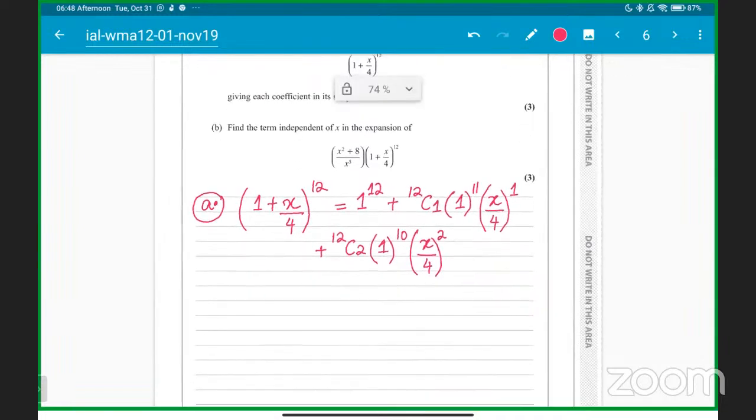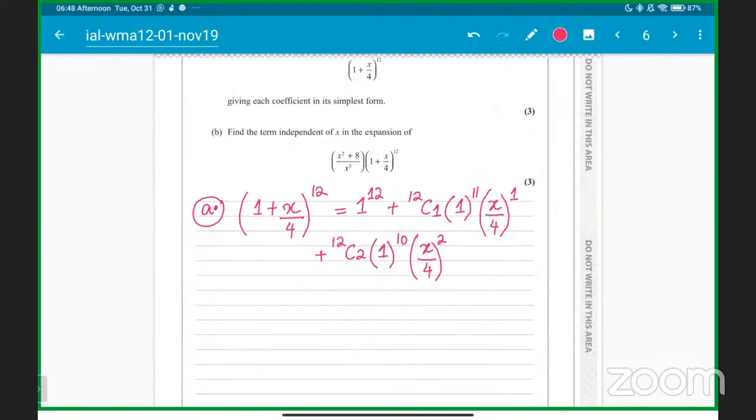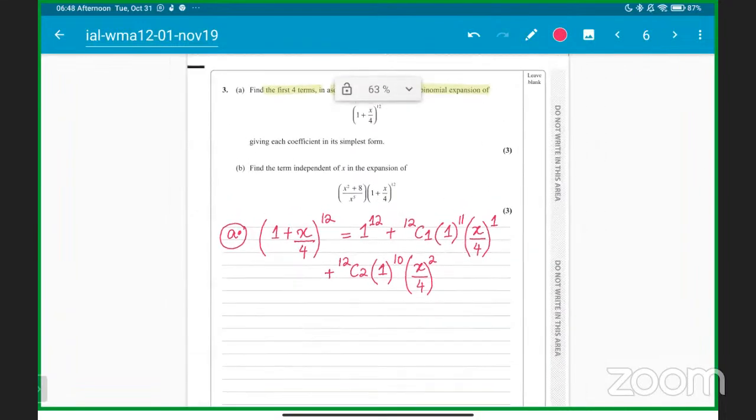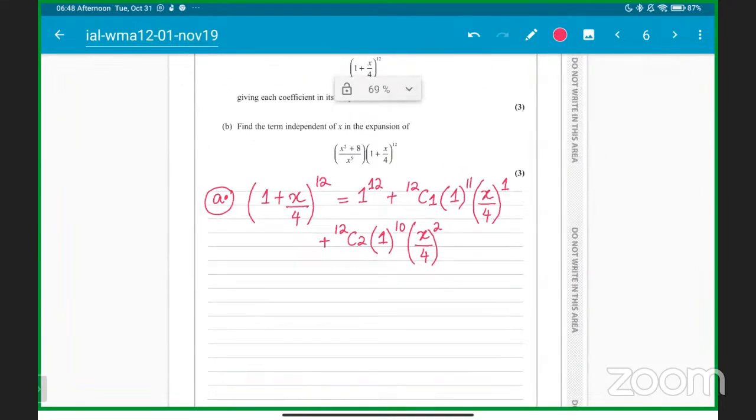So what we need to understand is basically we have got the third term and then we find the fourth term. Okay. The question is to find the first four terms in this expansion. Okay. Got it clear? So it will be 12C3 into 1 to the power 9 into (x/4) to the power of 3. Okay.